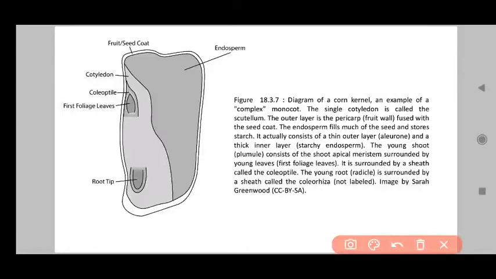The coleoptile and coleorhiza both are present to cover: in the case of the radicle and root tip it is the coleorhiza, and in the case of the cotyledon and plumule it is the coleoptile. The endosperm provides the nutrition, and the seed coat covers the whole seed and is fused with the pericarp. Pericarp means outer covering, as described in the picture.